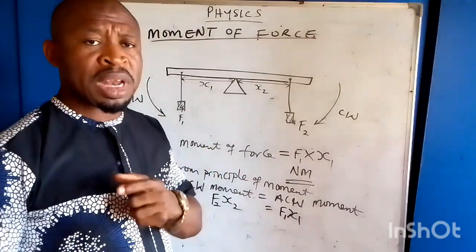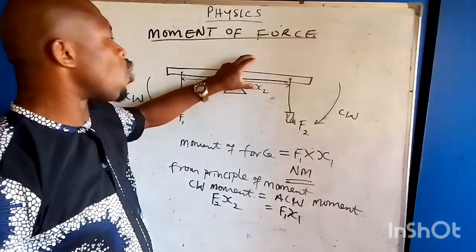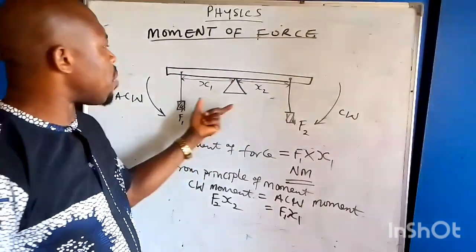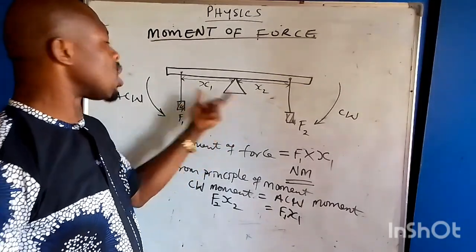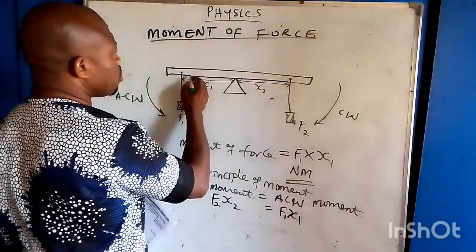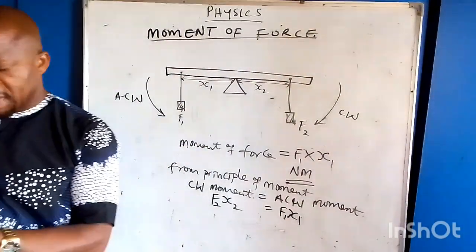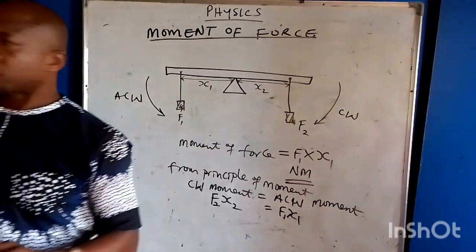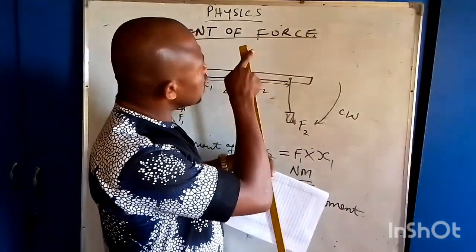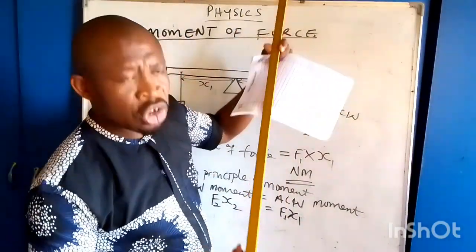But before that, please, there are certain things that we must know while performing this calculation. This is a bar or a meter rule. Whenever we have a meter rule, the length of the meter rule here is 0, while here is 100.